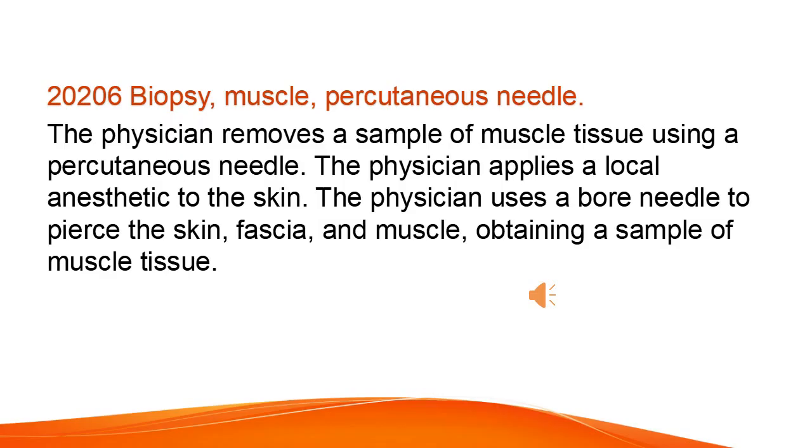Biopsy, muscle, percutaneous needle. The physician removes a sample of muscle tissue using a percutaneous needle. The physician applies a local anesthetic to the skin. The physician uses a bore needle to pierce the skin, fascia, and muscle, obtaining a sample of muscle tissue.